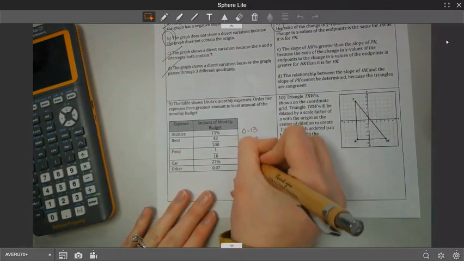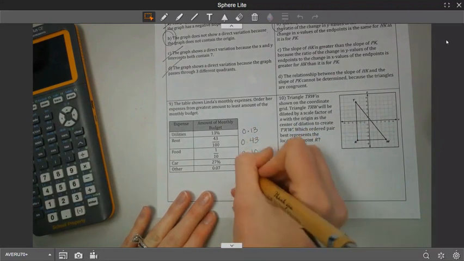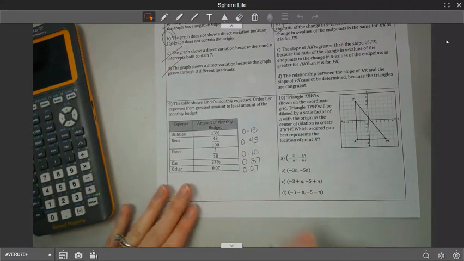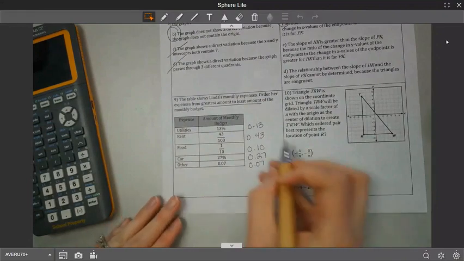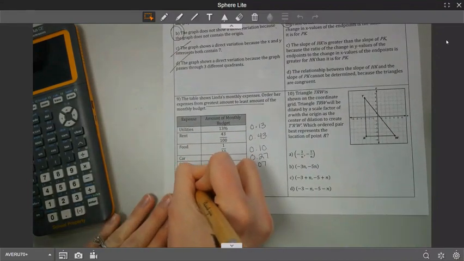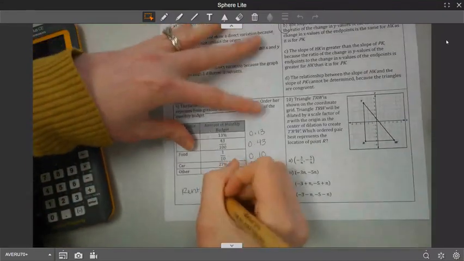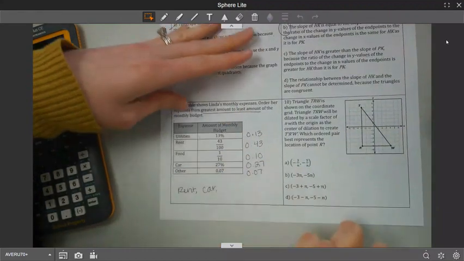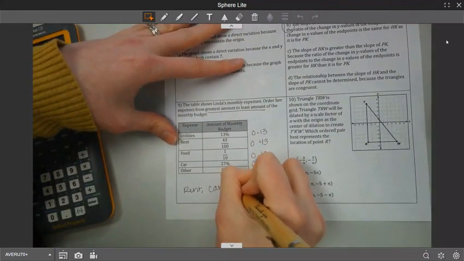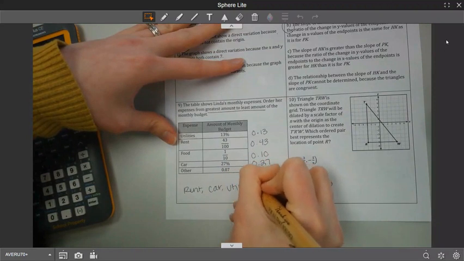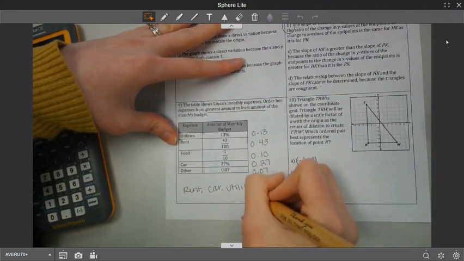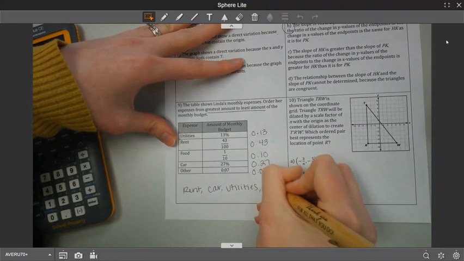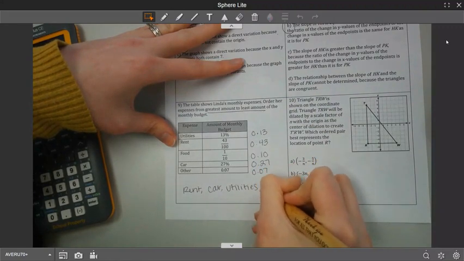This is going to be 27 hundredths, and we have 0.07. Well, I said greatest to least, so our greatest is the rent. Then the next greatest is the car. Then we have utilities, because that's 0.13. And then we have food, and then other.